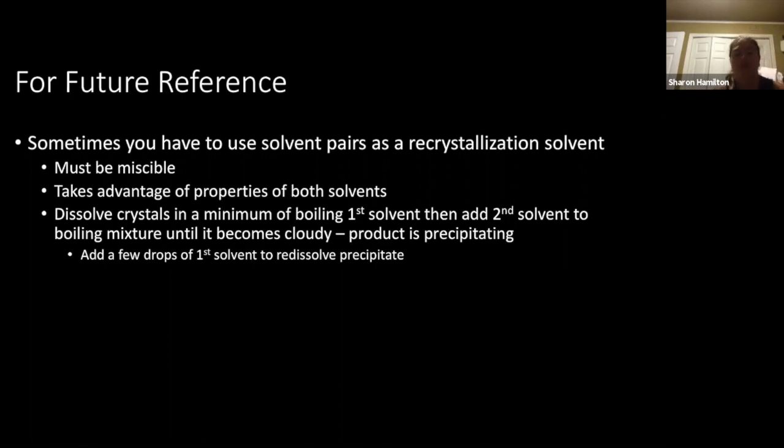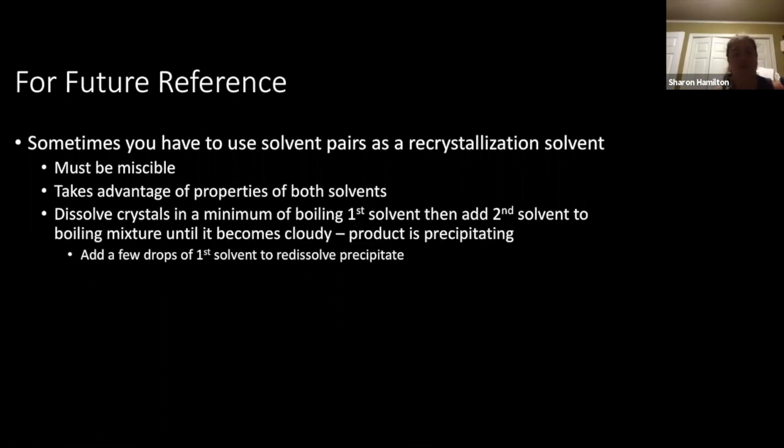For starters, in a solvent pair, you're using two solvents, and the two solvents must be miscible, i.e. mix thoroughly and basically dissolve one another. So you don't want any solvents that would create layers with one another. Basically, when you're doing these solvent pair recrystallizations, it takes advantage of the properties of both solvents. So there's definitely some pros to using this technique.